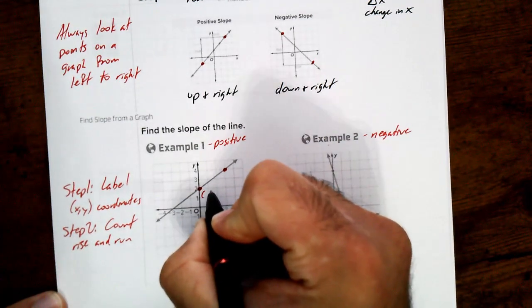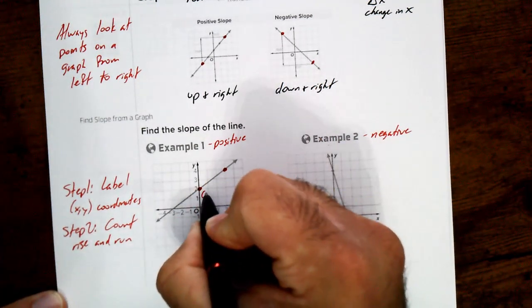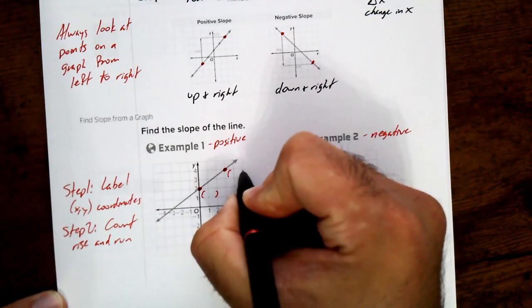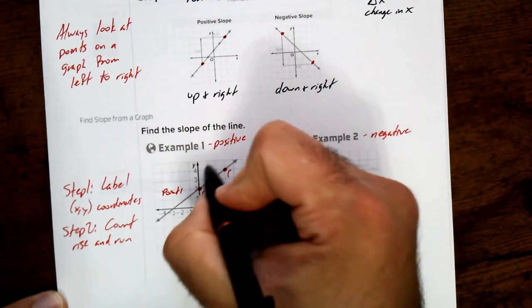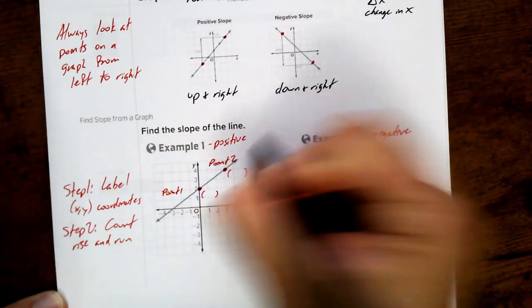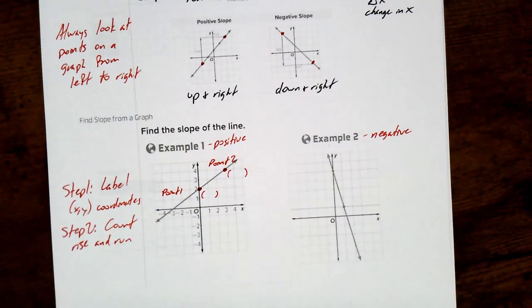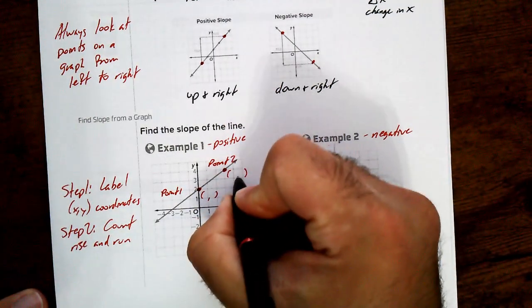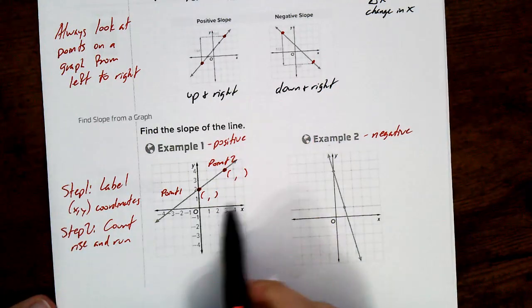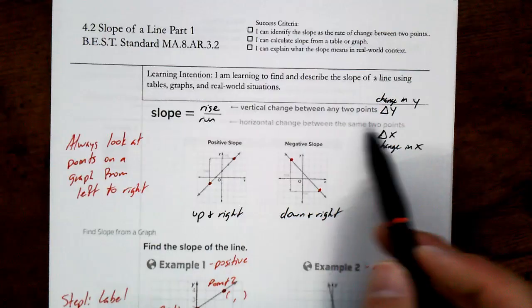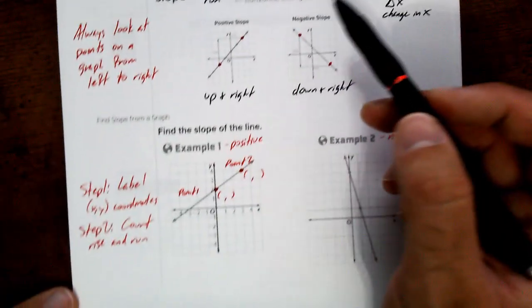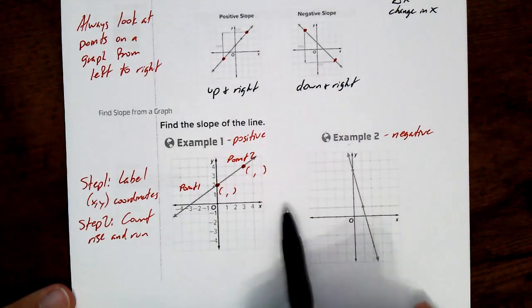We're going to label these. This is point 1. This is point 2. We need our x, y coordinates. So x, horizontal, left and right.